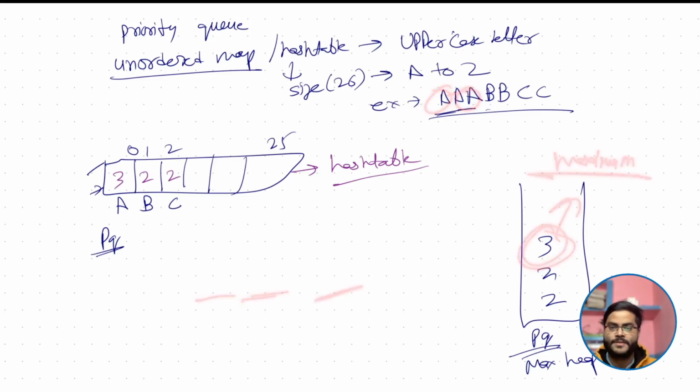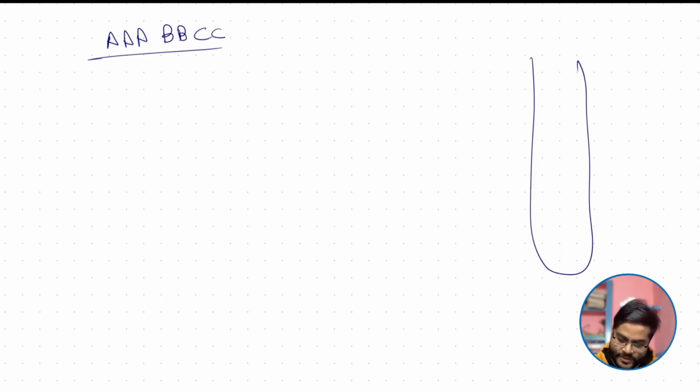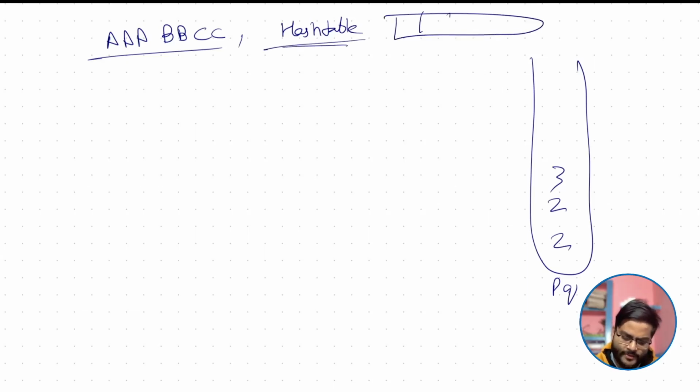So we will always use the maximum task first. We have A, B, B, C, C, and this priority queue stores 3, 2, 2. We are using the hash table just one time, only for storing the counts.